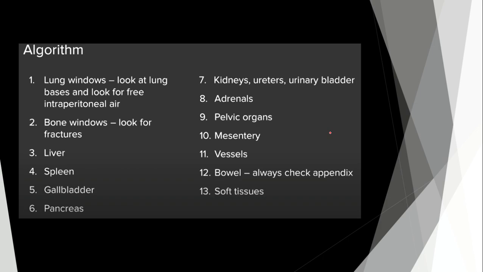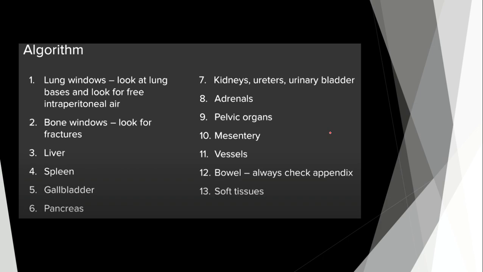You must remember, you must look at one organ at a time. Not at the whole picture, one organ at a time. You can use your own algorithm, but at first it will be better if you take this algorithm and maybe later you can use your own.